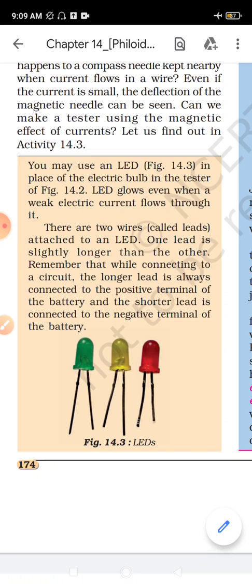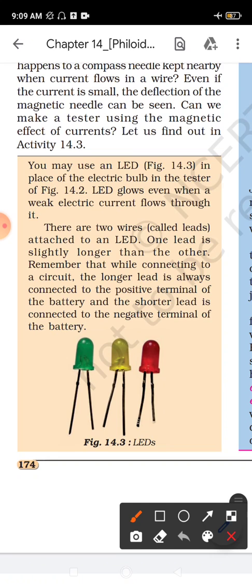There are two wires called leads. These are the two wires you can see. One lead is slightly longer than the other. This one is slightly longer than this. Remember that while connecting to a circuit, the longer lead is always connected to the positive terminal of the battery.